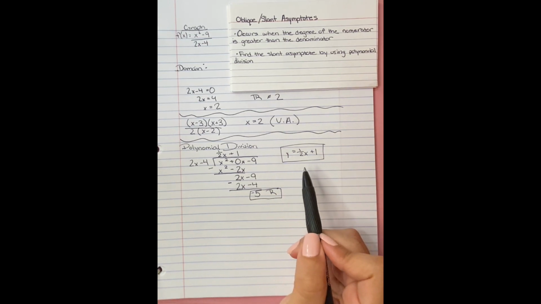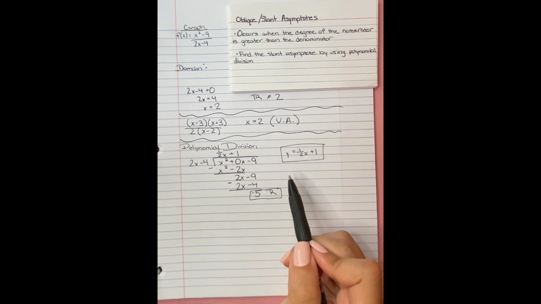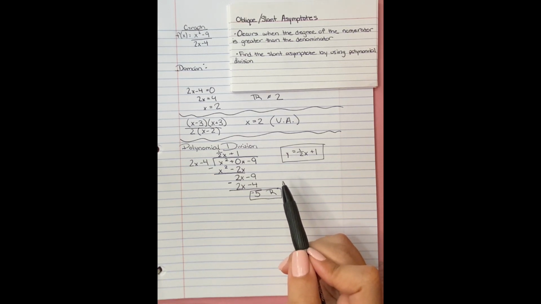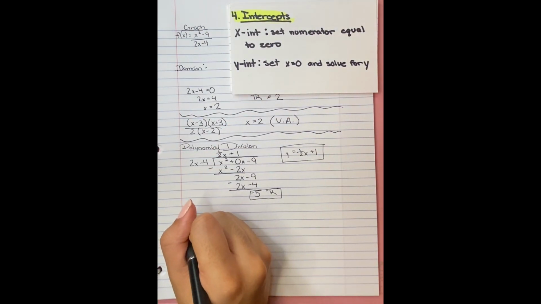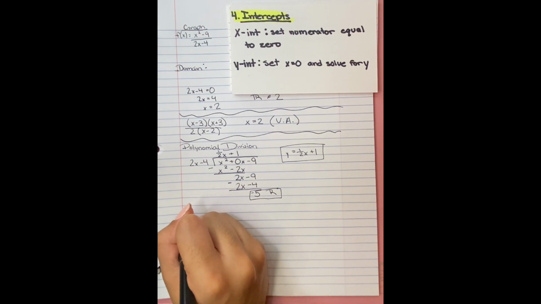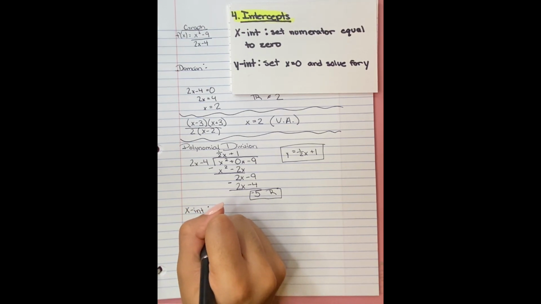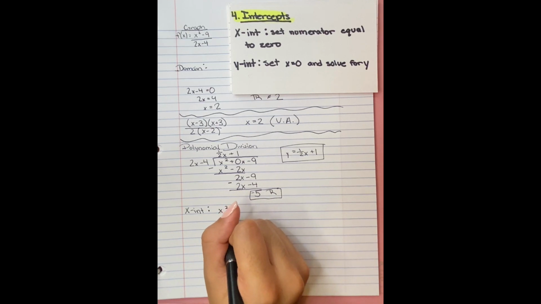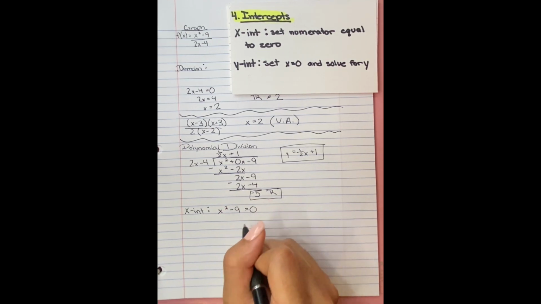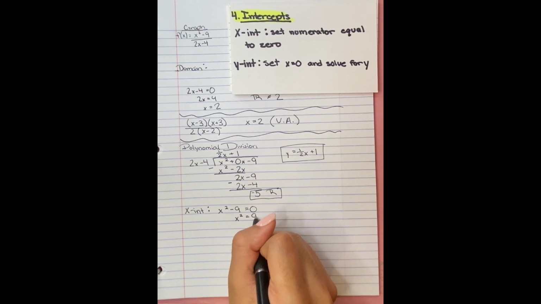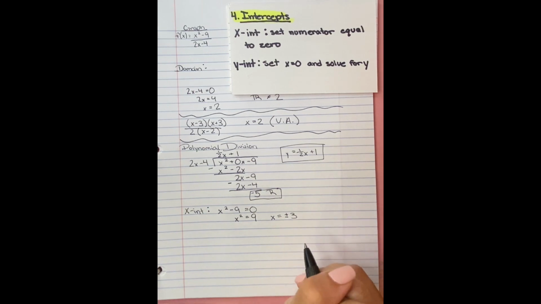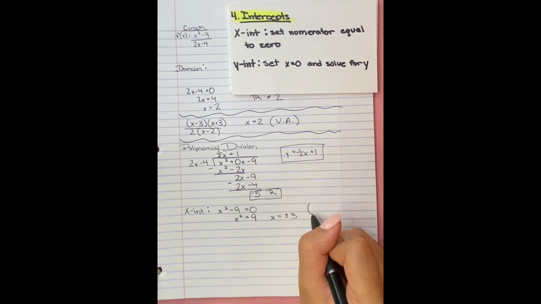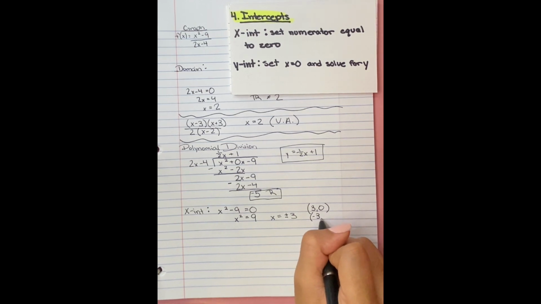So now that we have our equation for the slant asymptote, we can go ahead and look for any intercepts we may have. First we'll solve for our x-intercept. To do that, we'll set our numerator equal to 0, which is x squared minus 9. Then x squared equals 9, and then x is going to equal a positive and negative 3. So that means our x-intercepts will be at 3, 0 and negative 3, 0.